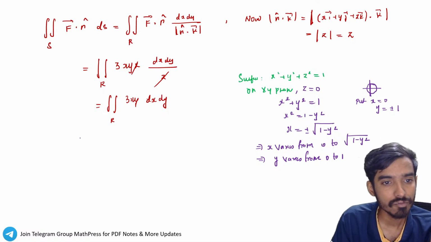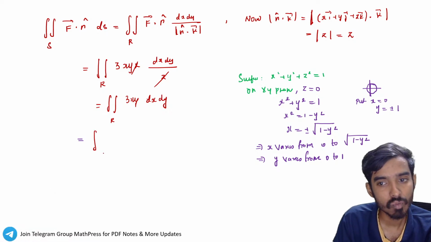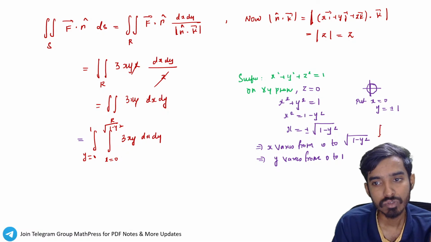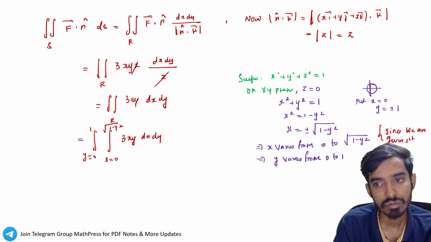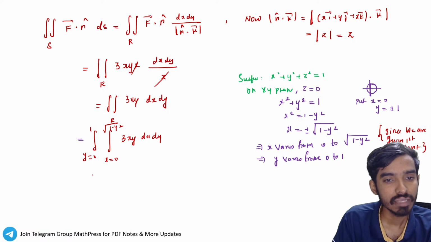So now this will be the integration where y varies from 0 to 1 and x varies from 0 to root of 1 minus y square, dx dy. We choose this since we are given the first octant. Just evaluate this.